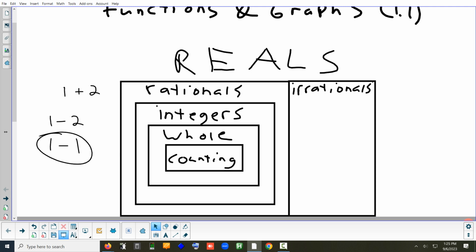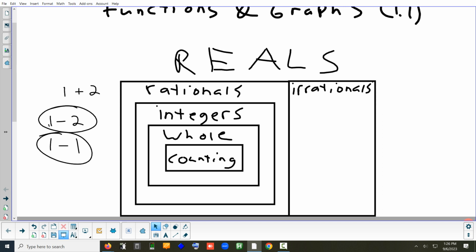So to do this, we invent the idea of 0. Counting numbers don't have a 0, but we need it to do certain subtraction problems. So that's where whole numbers come in. Whole numbers include everything that counting numbers do, plus they include the number 0. That's the only difference. But including just the number 0 still doesn't help us with a problem like that.